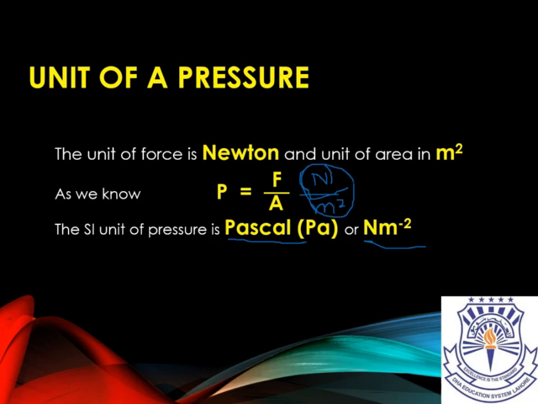Because Pascal is the scientist who discovered the term pressure, and Newton per meter square is the extended form of the Pascal. So if you use Pascal or Newton per meter square, both are the same. With the help of this small chunk of steps, you are able to explain every unit in future.